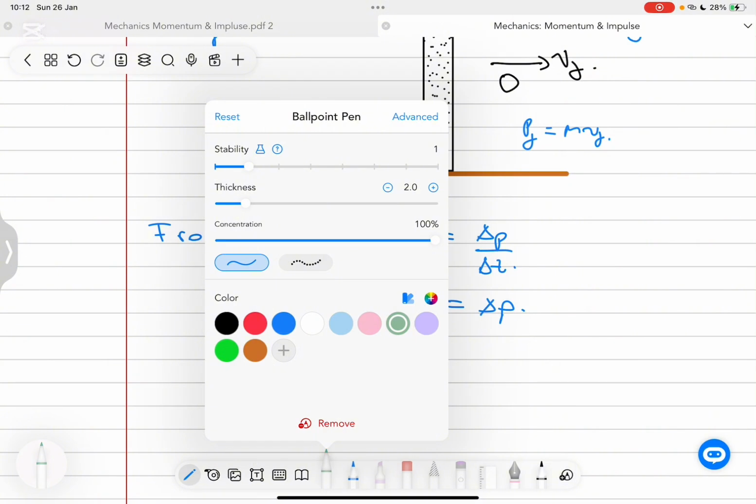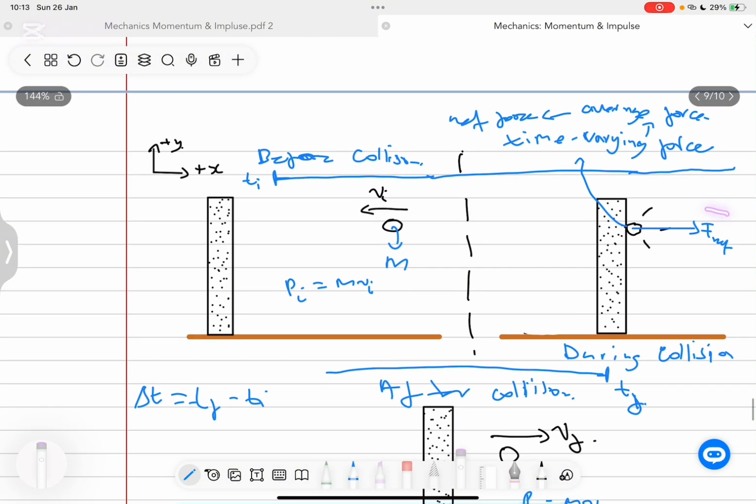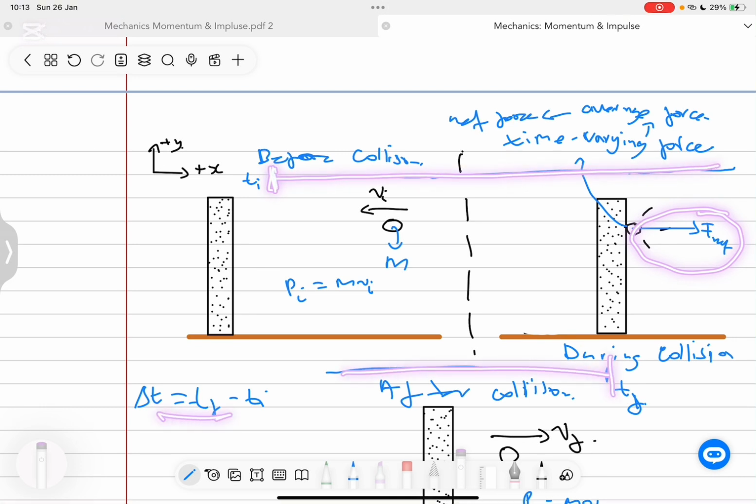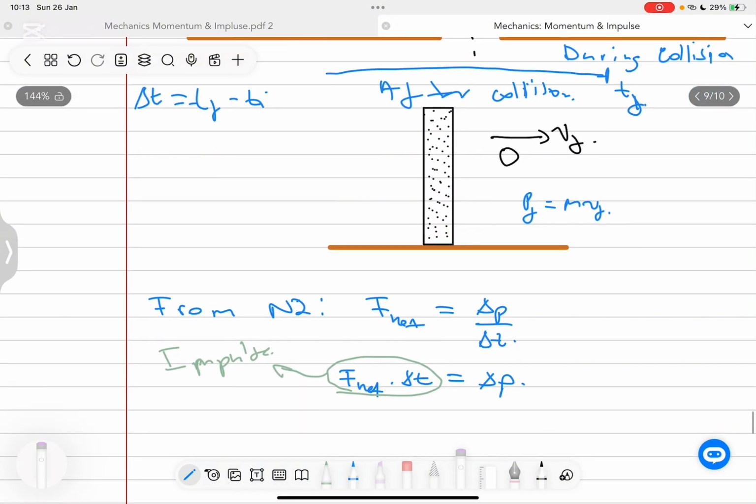When we look at this equation, it's important to see that this side here is actually what we defined as the impulse. We said that the impulse is the average force or the net force multiplied by the time during which this force is applied. And it is exactly what is happening here.